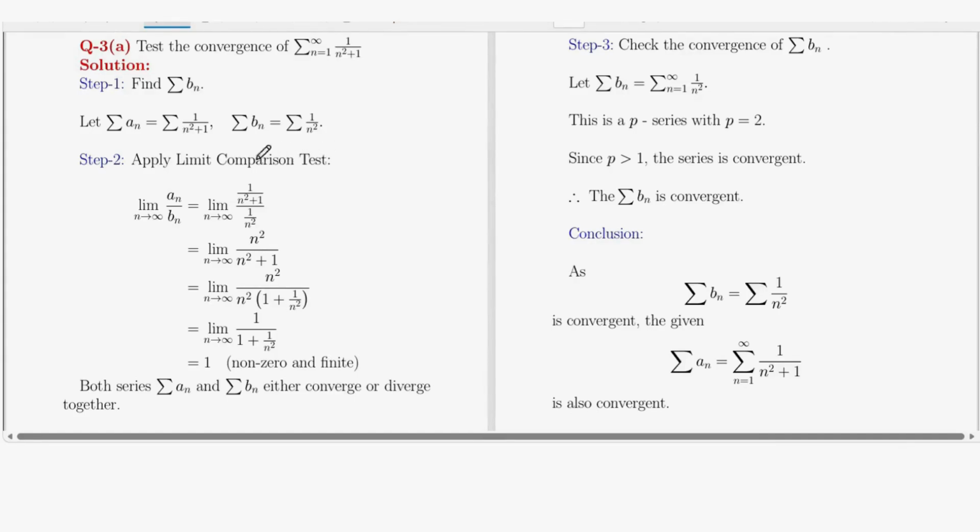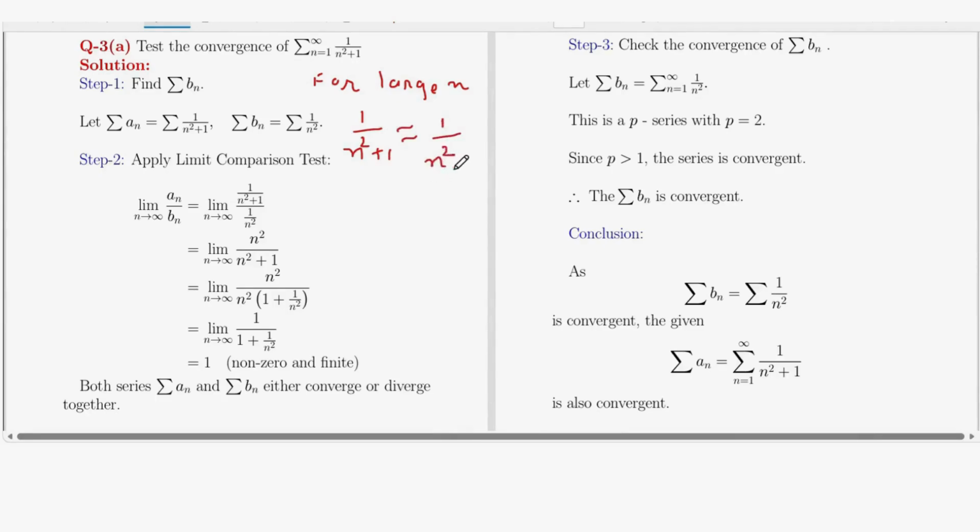So now let's discuss how to find this series BN. As we know, for very large n, 1 upon n square plus 1 is approximately the same as 1 upon n square.